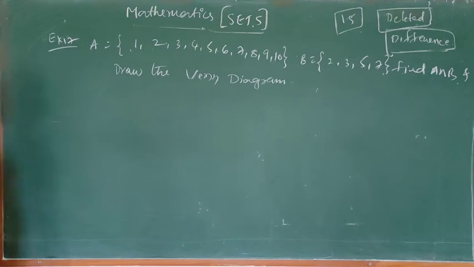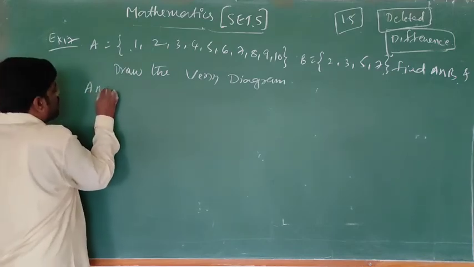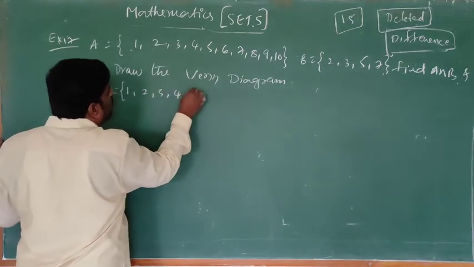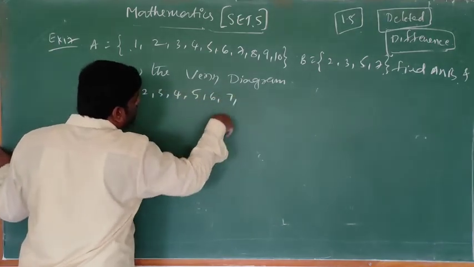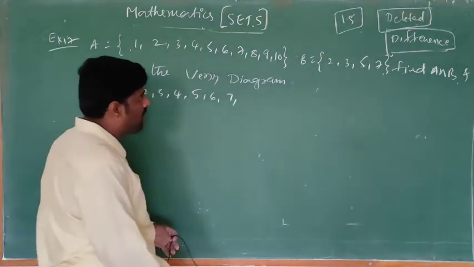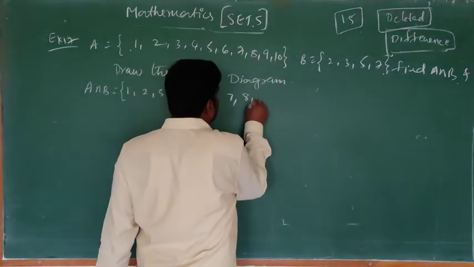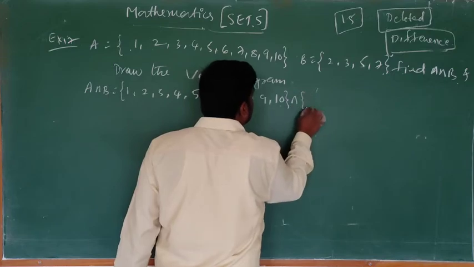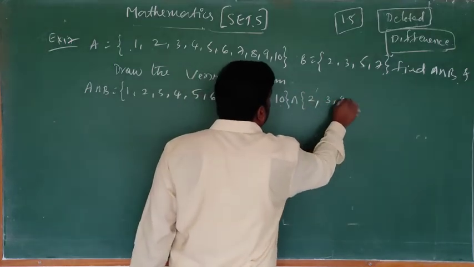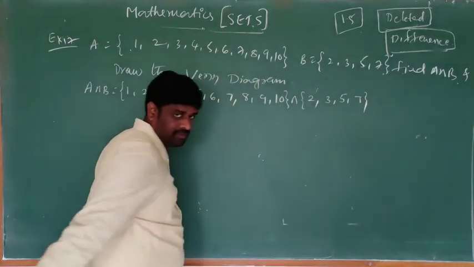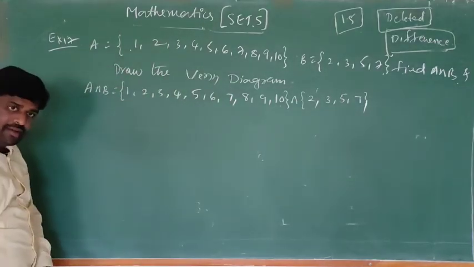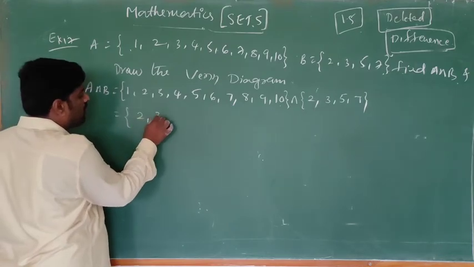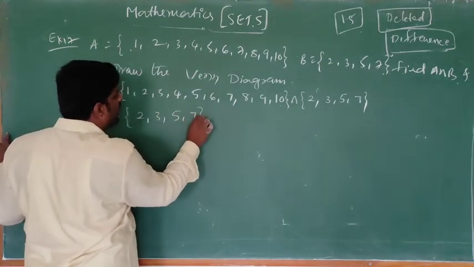Dear children, A intersection B is equal to {1, 2, 3, 4, 5, 6, 7, 8, 9, 10} intersection {2, 3, 5, 7}. So here the intersection of these two sets is {2, 3, 5, 7}.